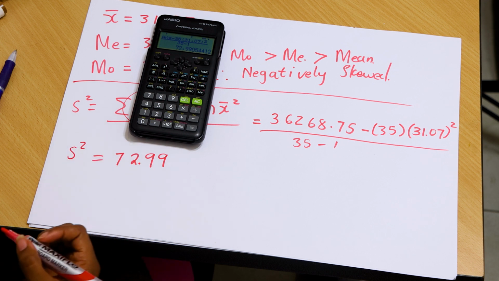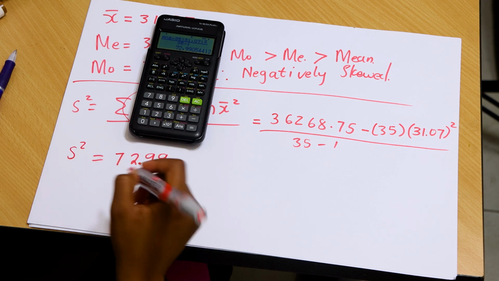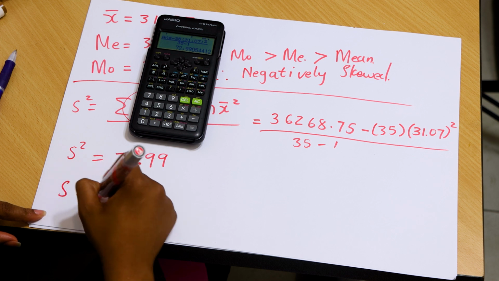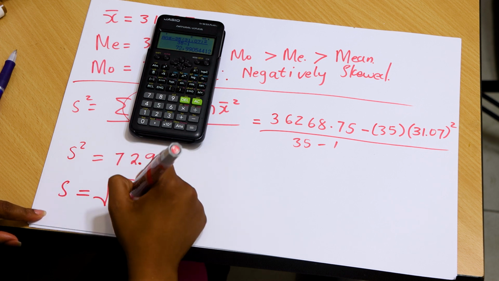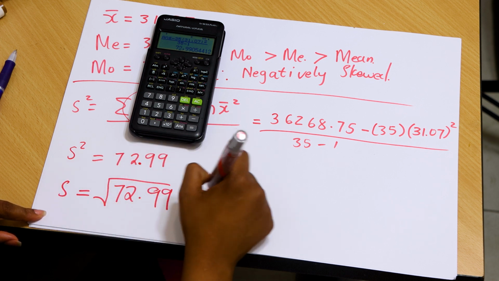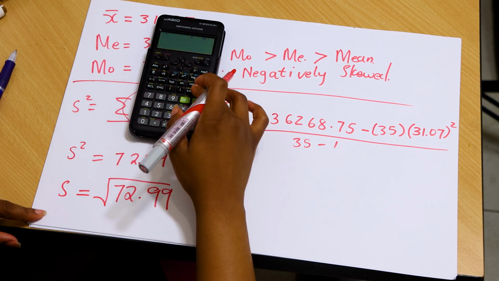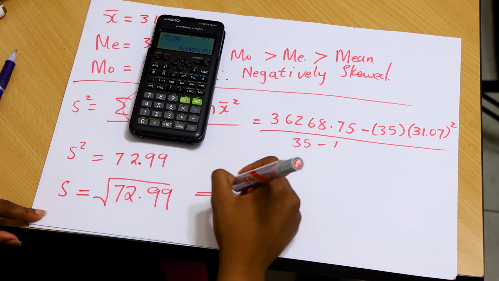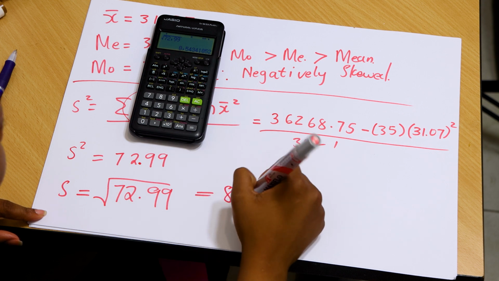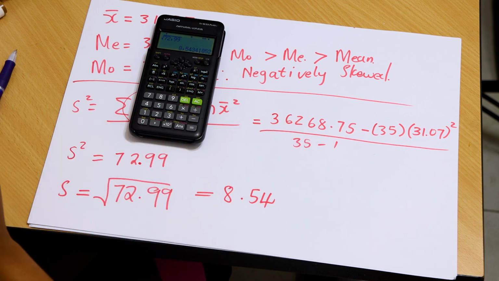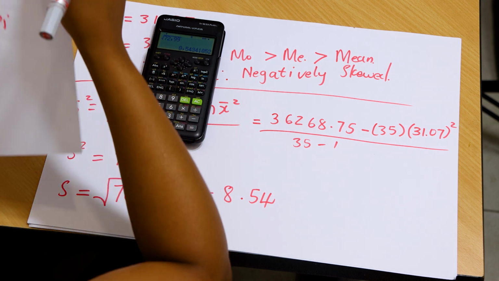So our variance is 72.99. Therefore, the standard deviation would be the square root of 72.99, which is 8.54. So that is our standard deviation, and we've answered number 2.